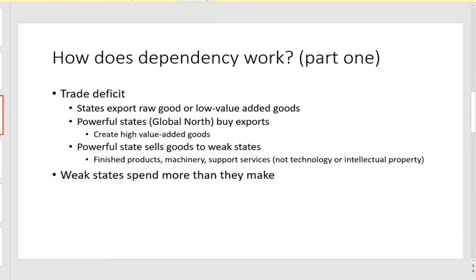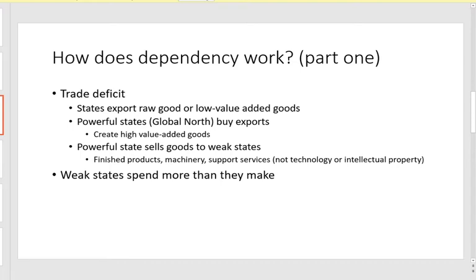And a trade deficit just means that the amount you're spending on the goods coming in is more than the revenue you're getting by exporting. And this trade deficit is the first part of dependency theory.